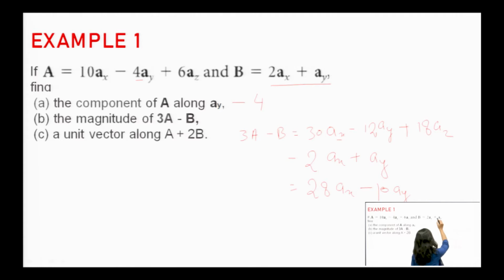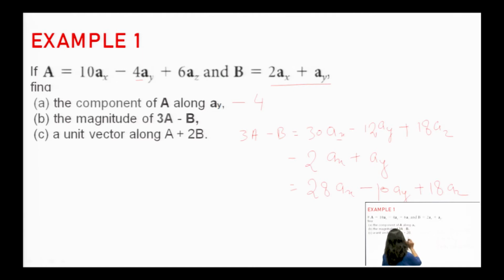As the second vector does not have any z component, we will write simply the z component of the first vector, that is 18az. This is the final answer. This is how we perform addition or subtraction.